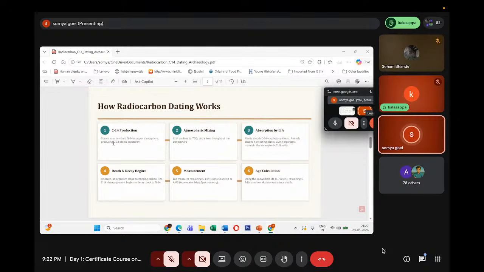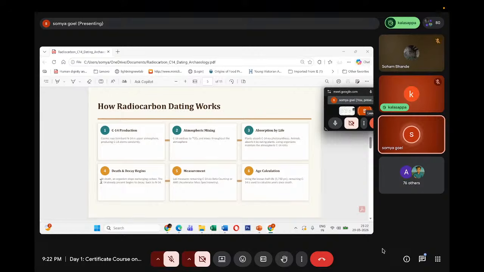These carbon 14 atoms oxidize to form carbon dioxide, which mixes throughout the atmosphere. Then it is absorbed by the plants and by all animals, herbivores, carnivores, and omnivores as well, and all of these living organisms maintain the atmospheric carbon 14 to carbon 12 ratio. This cycling continues until the organism dies.